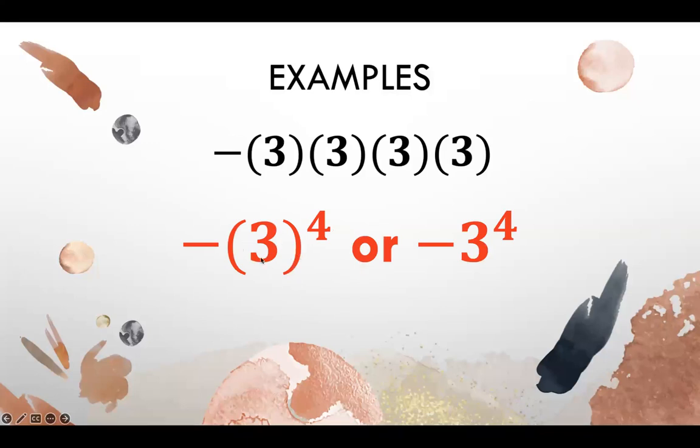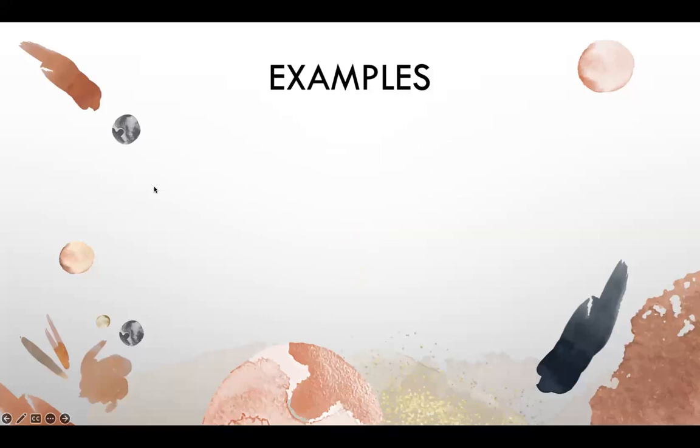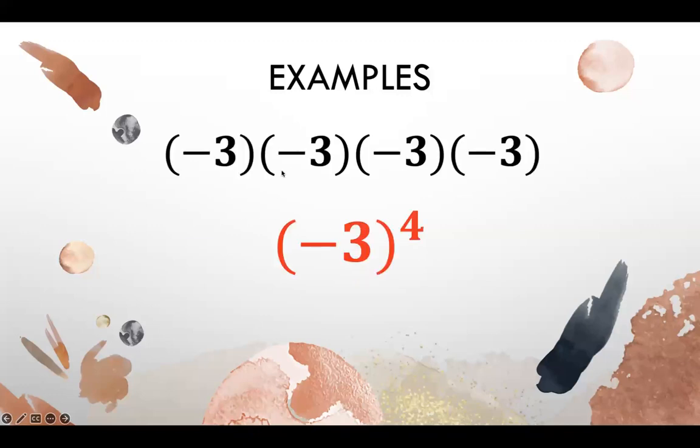As long as the base 3 is the only number that is being raised by an exponent. So take a look at the difference from our previous example. In here, even the negative is being repeated. That is why it is enclosed in the parentheses.